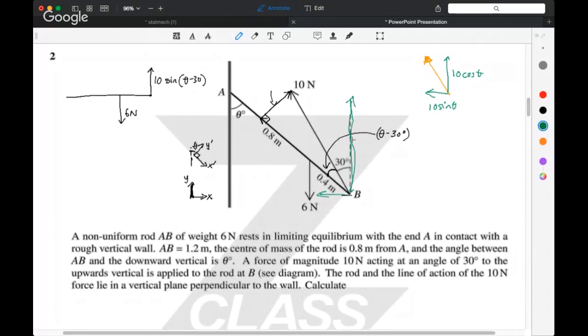Sorry for the messiness. And then take these and resolve them along the rod. So this is another way, but then you have to account for the fact that that is theta and that is theta, and you resolve again along the rod, or you can do it in one. So these are two possible ways to do it.